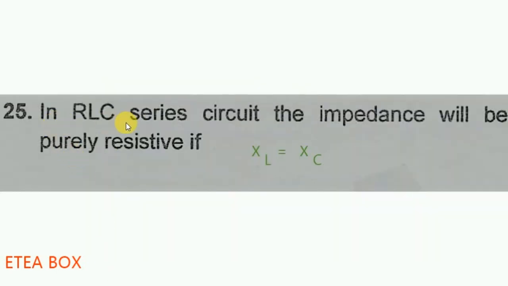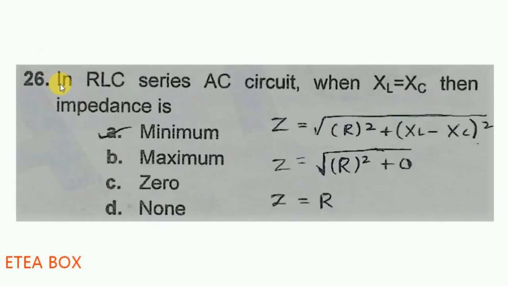In an RLC series circuit, the impedance will be purely resistive if XL is equal to XC. Option A, XL is equal to XC, is the correct one. I'll explain this in the next MCQ. In an RLC series AC circuit, when XL is equal to XC, then the impedance, we know, is Z = √(R² + (XL − XC)²).